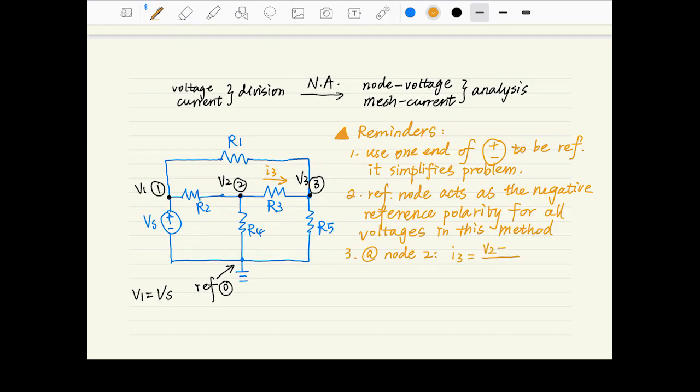So the node voltage V1 is actually the voltage between node 1 and node 0. The node voltage V2 is actually the voltage between node 2 and node 0, which means across R4 here, and similar to V3.